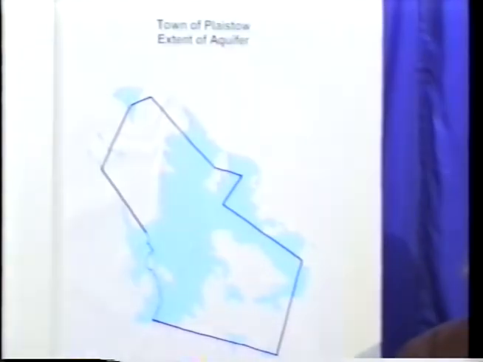Larry, how do aquifers get contaminated, and why are aquifers so important for Plaistow as a source of water? Well, in the case of Plaistow, it really is the town's only source of water. An aquifer you can think of as a formation that is water-bearing. You can almost think of it as a sponge where the water is contained underground.